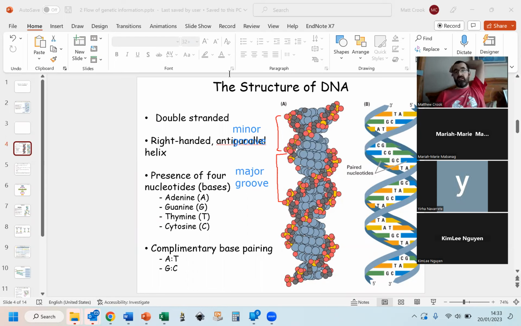You also have this anti-parallel business, right? So if you look at this carefully, this strand that goes all the way up, this is really hard to do because my finger slips. Go the other way now.